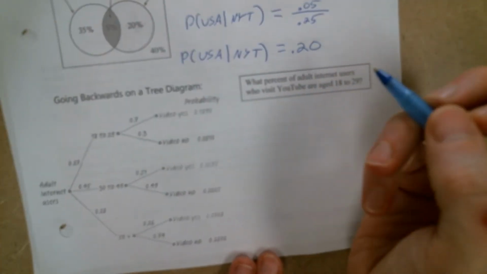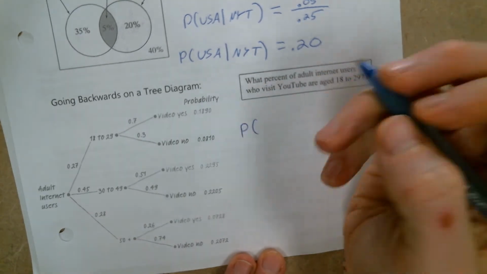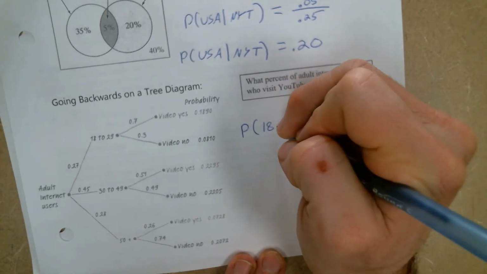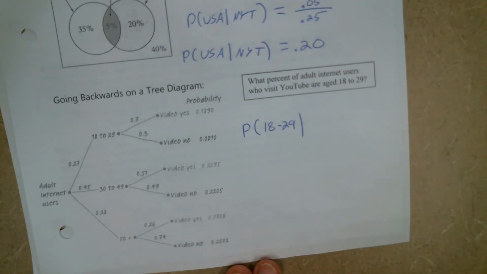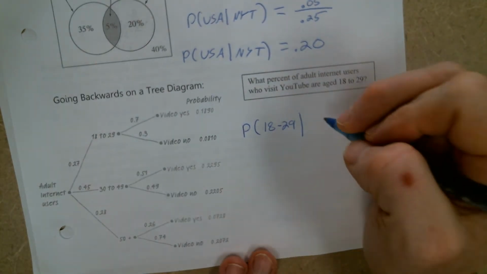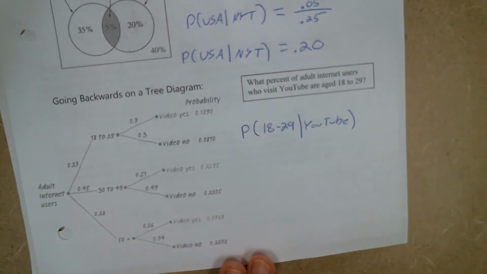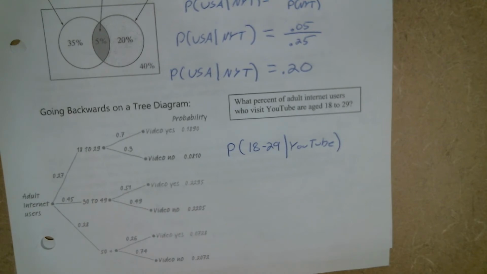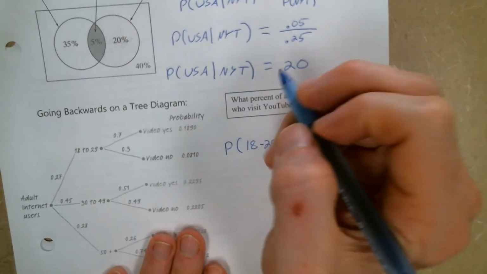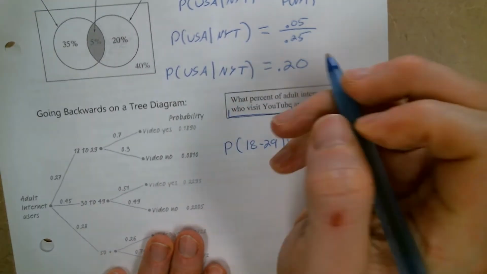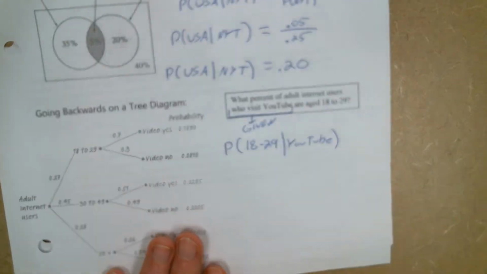This is saying, what's the probability of being 18 to 29 given that you visit YouTube? Now, how did I know that that was my given? Well, it's in the sentence here. It says, what percent of adult internet visitors who visit YouTube? So that becomes our given because they're telling us that they're visiting YouTube.